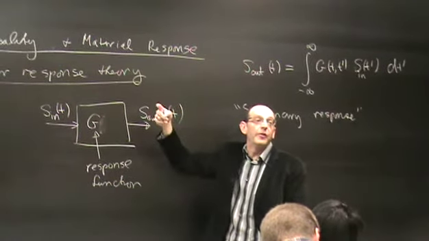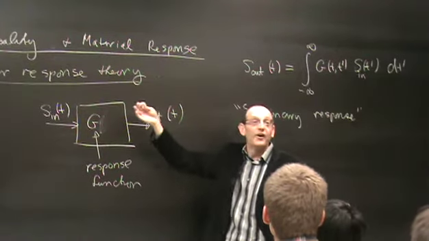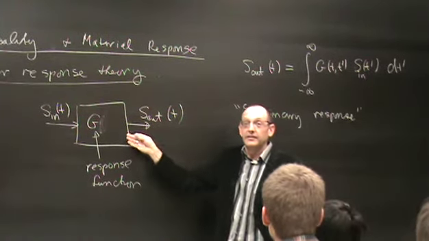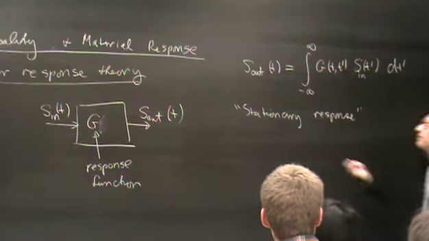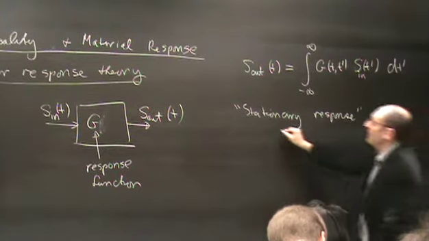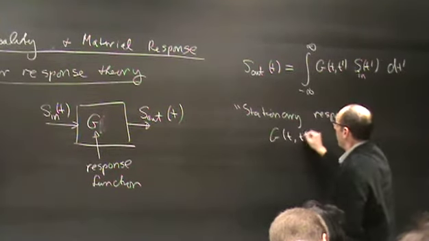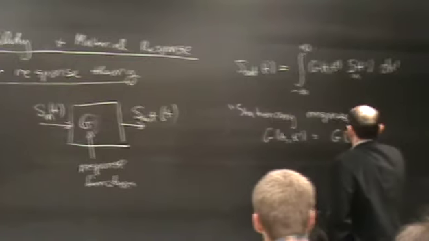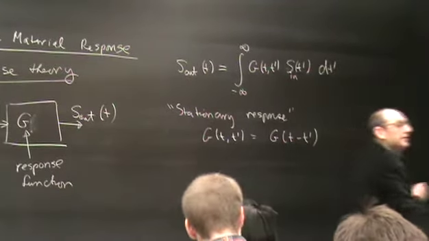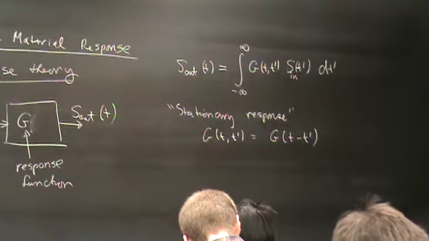So it's doing the same thing whether I do it today, tomorrow, in a year. If it doesn't depend on the origin of time, that means that this only depends on the time difference between t and t prime.